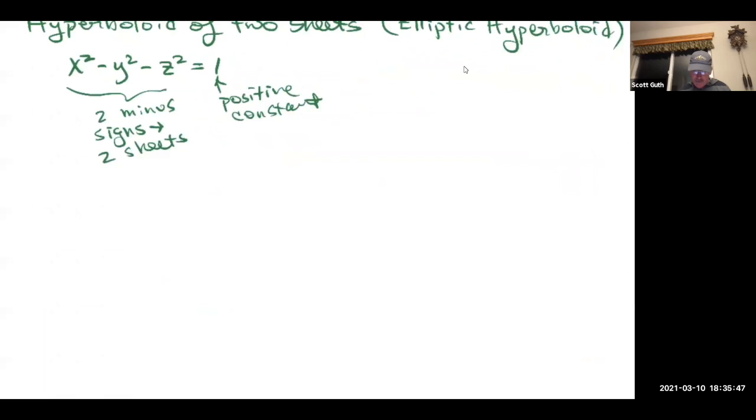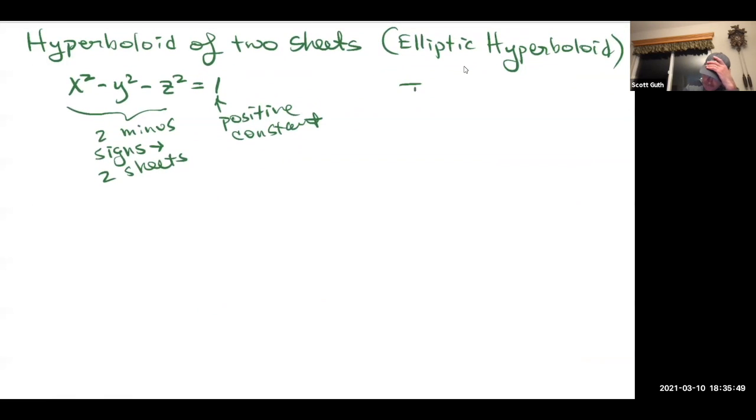Okay, so let's look at the traces real quick. z equals 0. So that is going to be x squared minus y squared equals 1. It's a hyperbola.